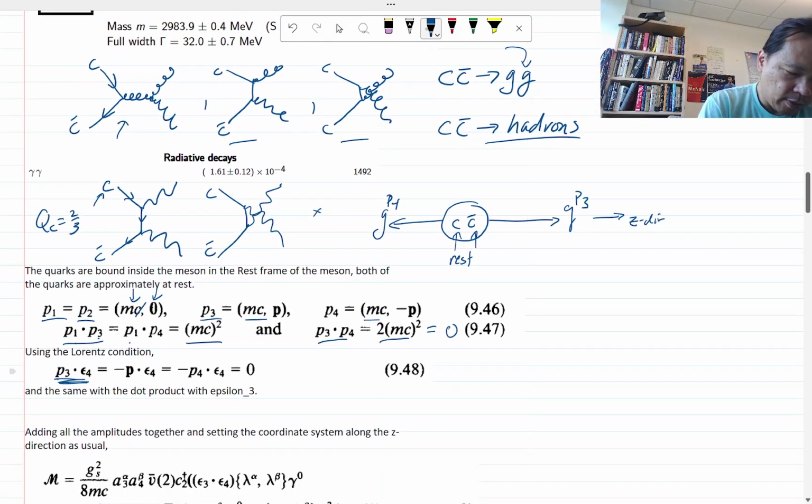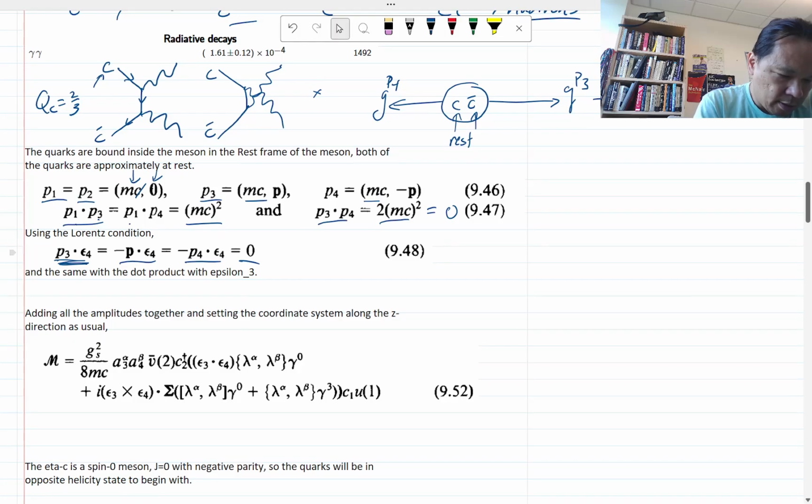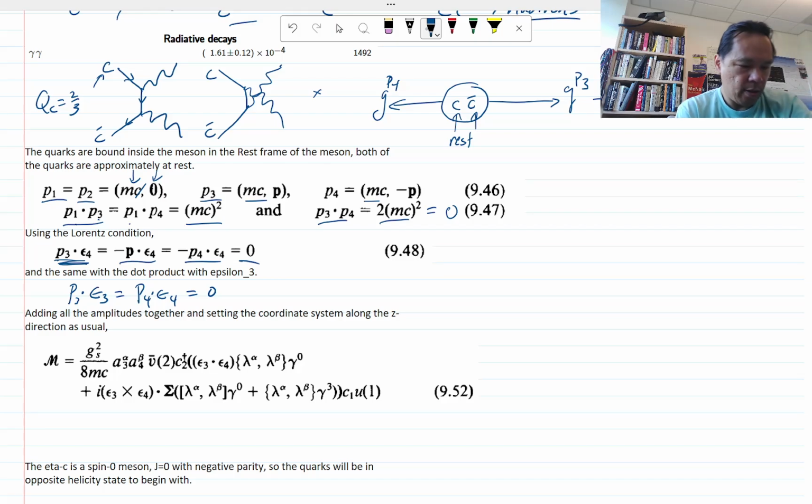In this case, these will also be 0. Similarly, any of these 4-vector dots epsilon 3 will also be equal to 0. I'm not going to go through all the math. I don't think I'm going to even have you guys do it. It just turns out to be a lot of algebra steps.